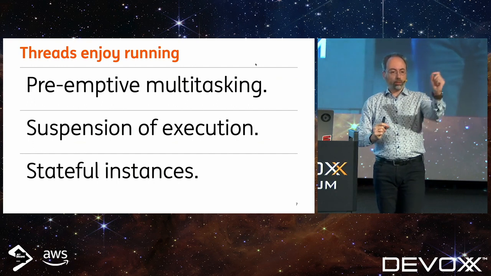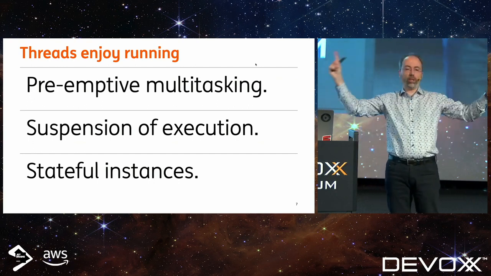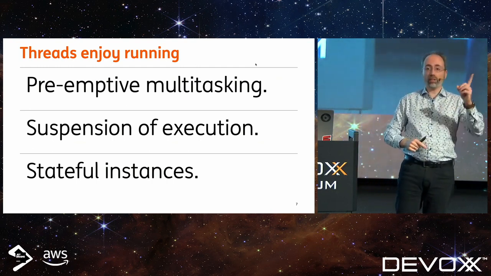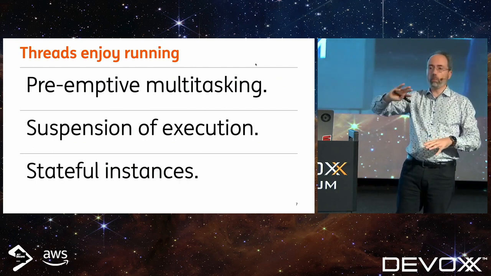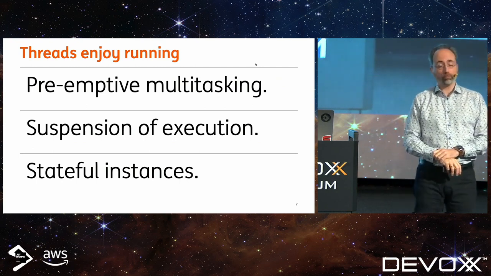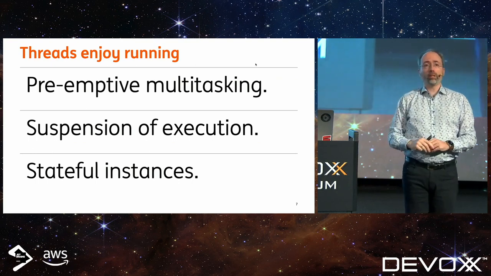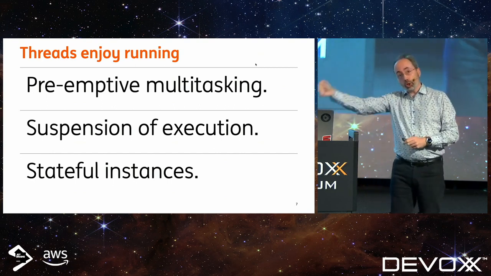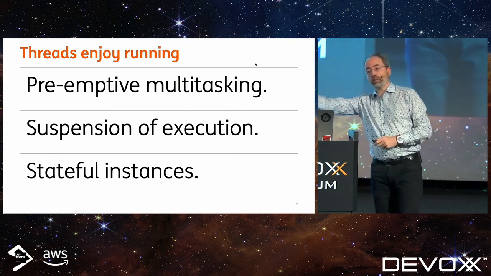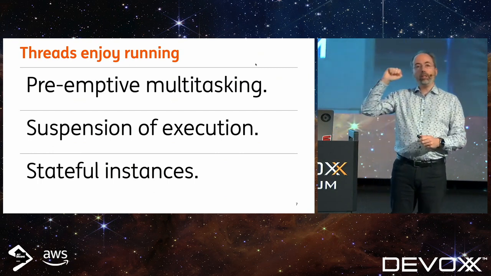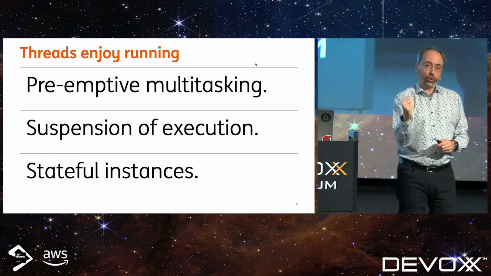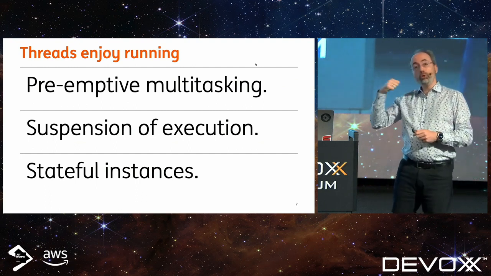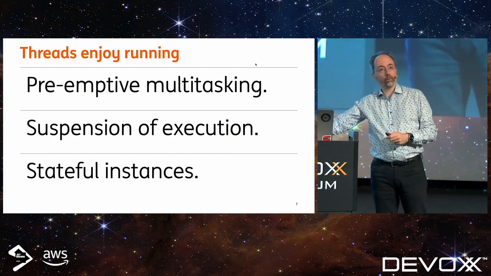The scheduler decides, okay, I have 6,234 threads, and number 139, by my math, has been stopped for a very long time, so let's give it 10 milliseconds of processor time. After those 10 milliseconds are exhausted, okay, stop, and let's take the next one. And this stopping part leads us to suspension of execution. It is the scheduler's job to start, pause or suspend, resume, and eventually stop a thread.